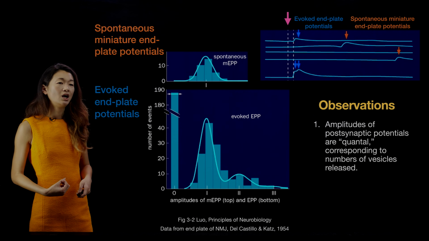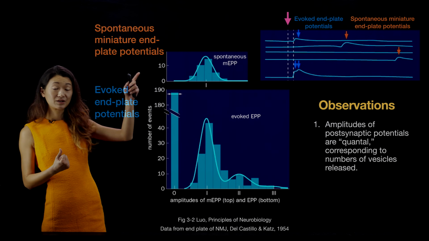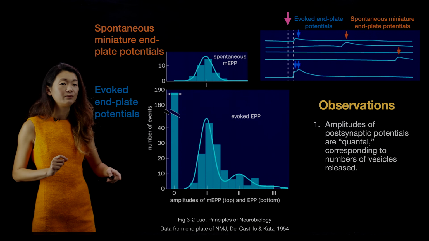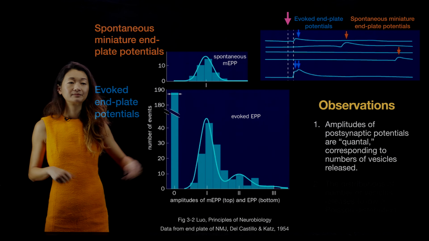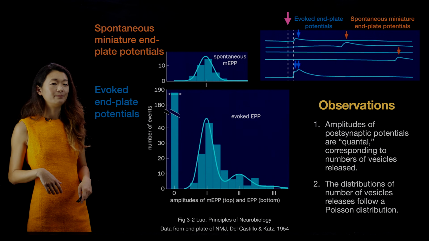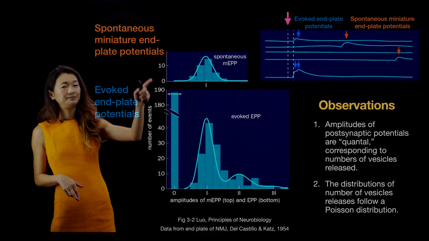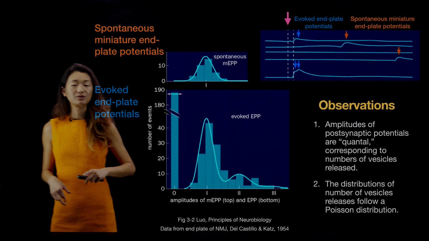So to summarize, the amplitude of the postsynaptic potentials corresponds to the number of vesicles released. So these spontaneous ones, presumably that's one vesicle. And when you evoke them, you can dump 1 or 2 or 3 or 4, but you can't dump 1.5. And because of this, we were able to fit the distribution of these potentials as what's called a Poisson distribution.